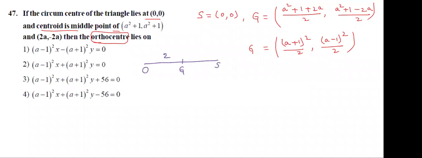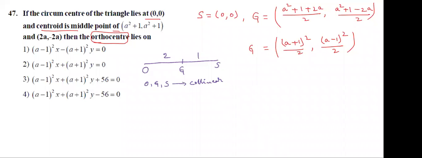The centroid divides the orthocenter and circumcenter in the ratio 2:1. And here the orthocenter, centroid, and circumcenter are collinear. O, G, S are collinear because these 3 points lie on the same line.